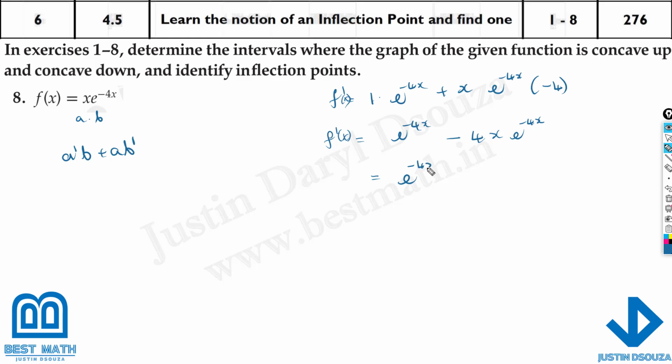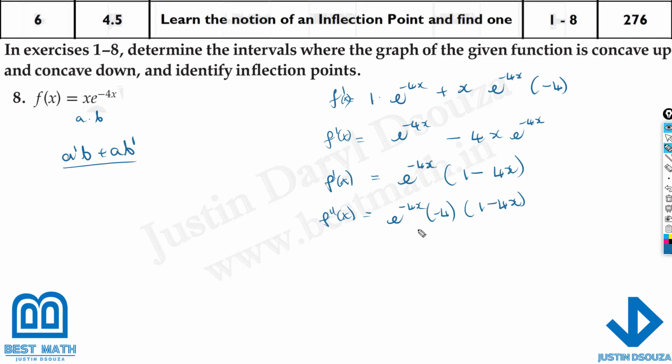So e to the power minus 4x, and what is remaining is 1 minus 4x. This is also a little bit complicated now, I realize. Now we have to derive it again, and it's going to be product rule again. So first time when we derive this, it's going to be e to the power minus 4x times minus 4, multiplied with the second term, which will remain the same.